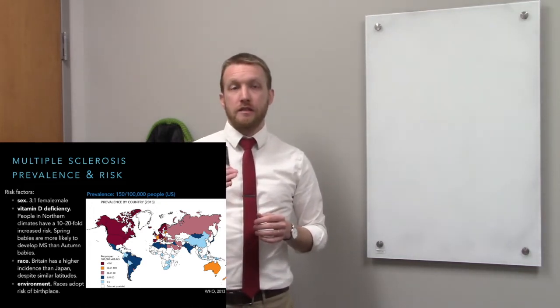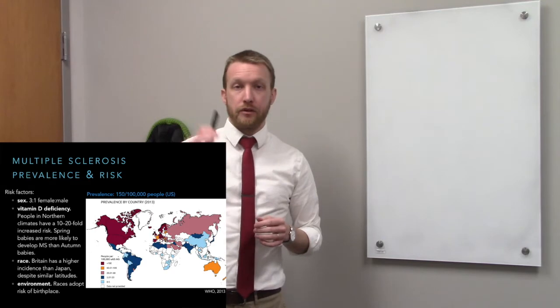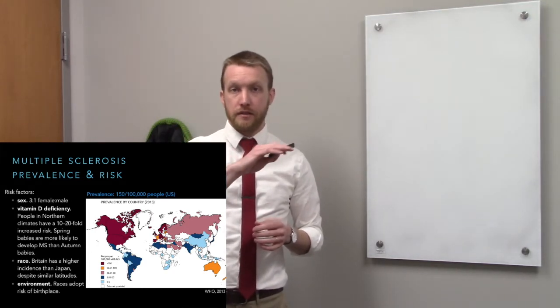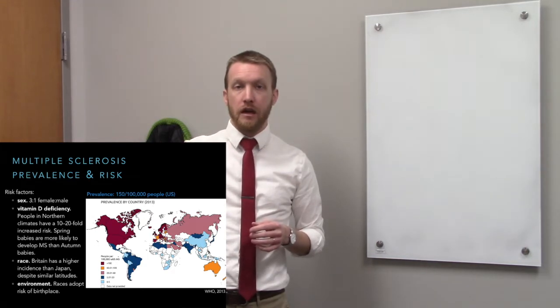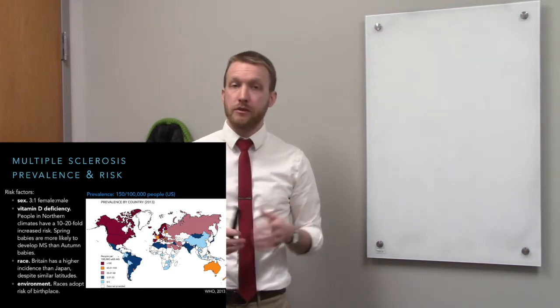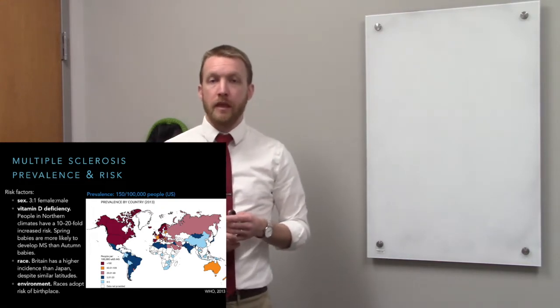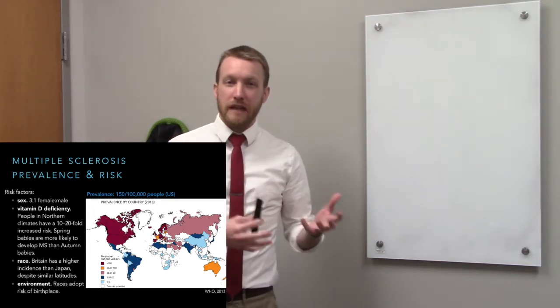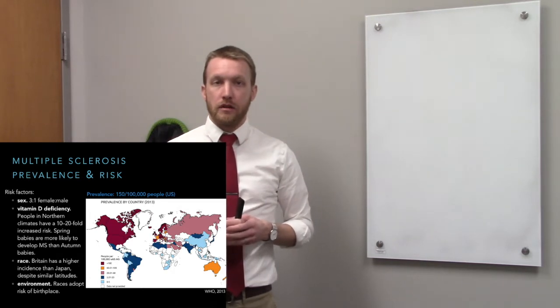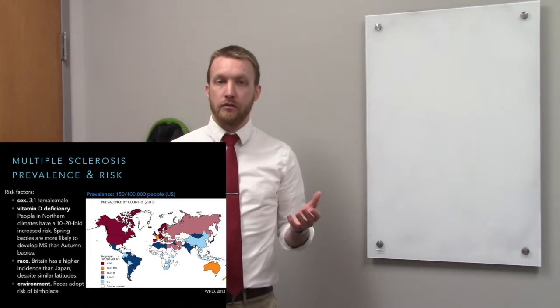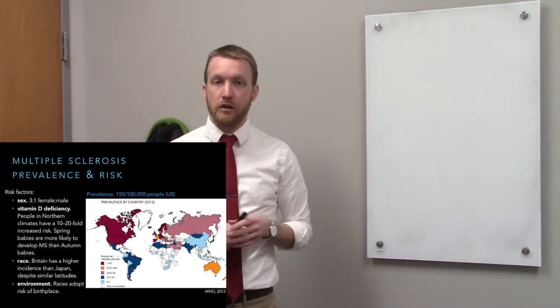Now, it's not just that simple of what latitude are you at, because clearly you can see here countries at the same latitude line are going to have different risks. So there seems to be a racial component to the risk for MS. But it's also not that simple either, because as races move around, their risk adapts to wherever they live.